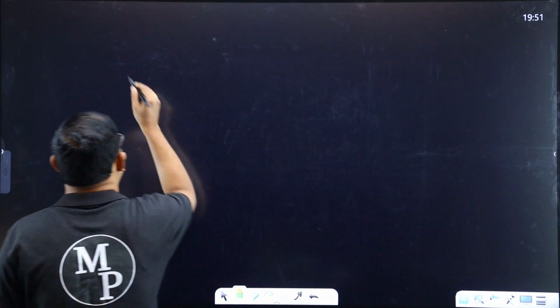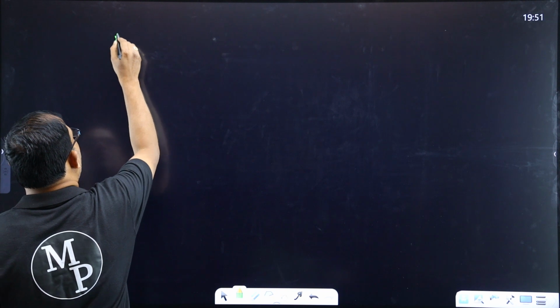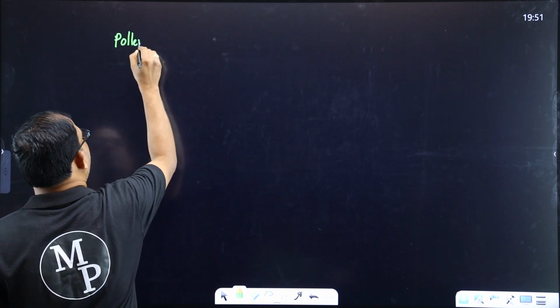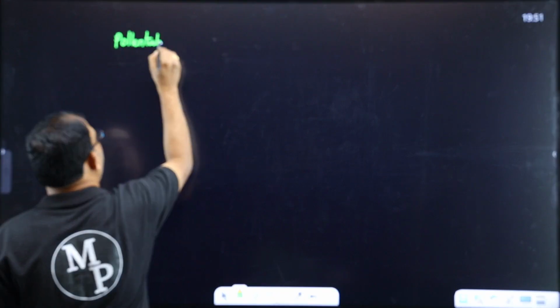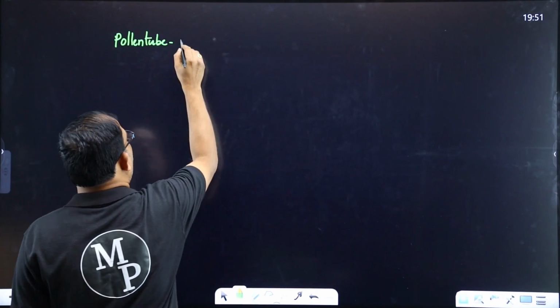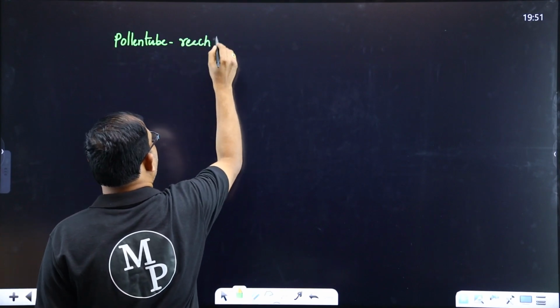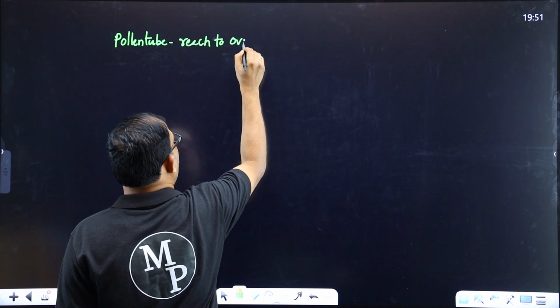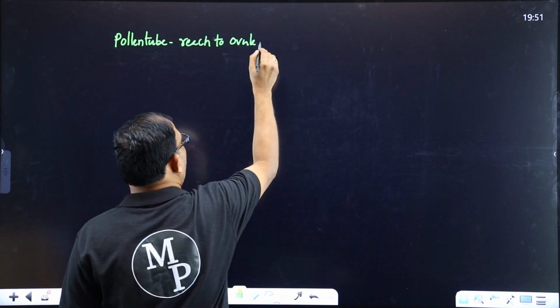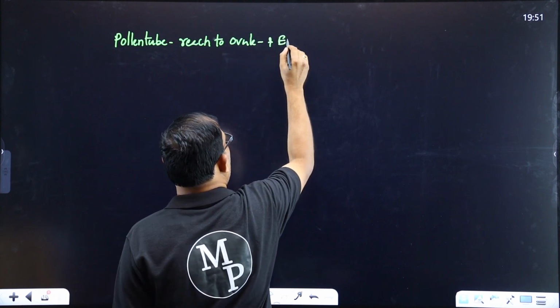The pollen tube reaches the ovule and enters the embryo sac.